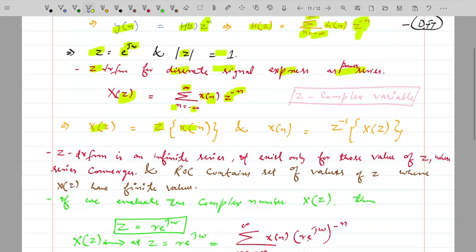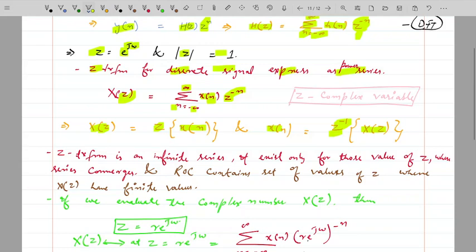If we want to find the inverse Z transform, meaning converting the signal again from the z domain to the discrete domain, we consider the equation x of n equals Z inverse of X of z.